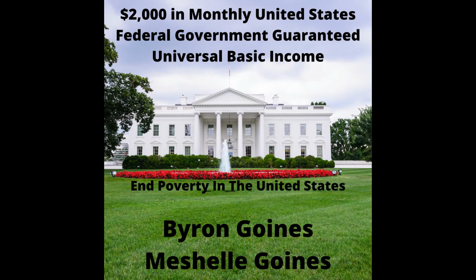This Federal Reserve, money from nowhere out of thin air to spur economic growth system can fund $2,000 in monthly government-guaranteed universal basic income, which will stimulate the economy and go a long way towards ending poverty in the United States and eliminate any need for taxpayer dollars to fund this program.